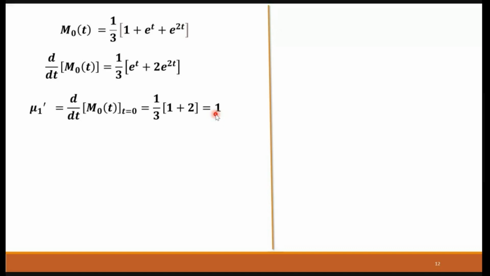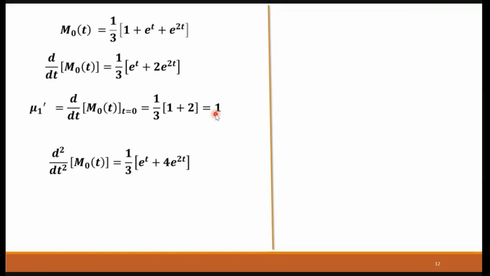Actually, what is the formula for variance? Variance is E of x square minus E of x the whole square. तो E of x square होता है mu2 dash, E of x the whole square होता है mu1 dash, sorry. So actually we get from the formula of mu2.